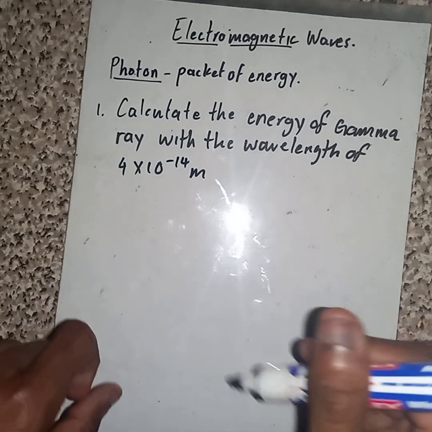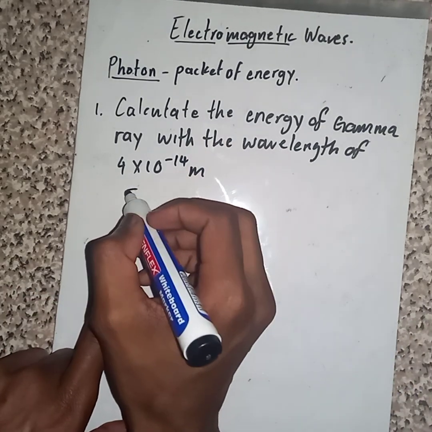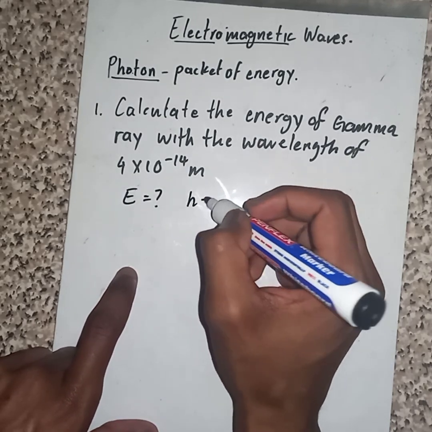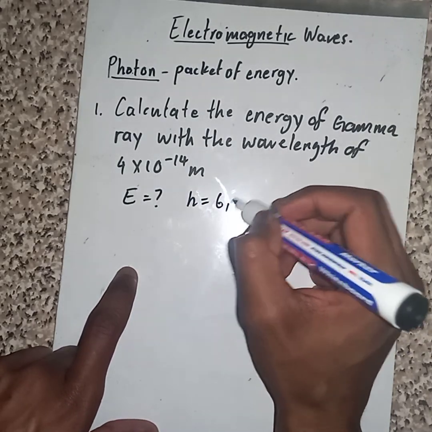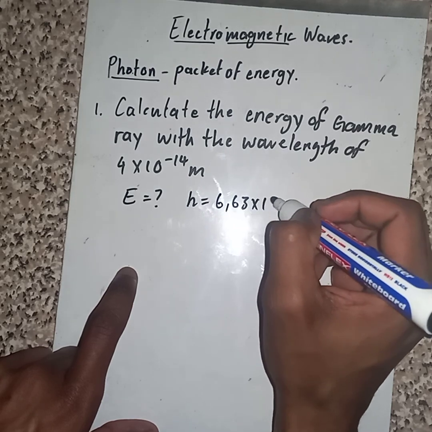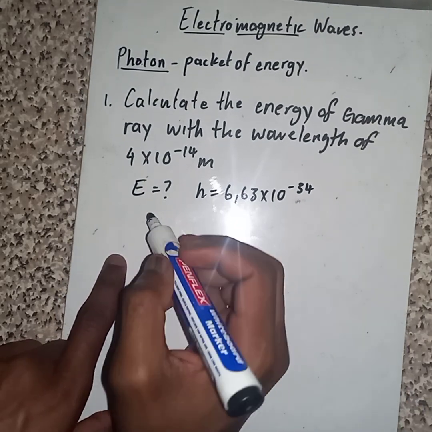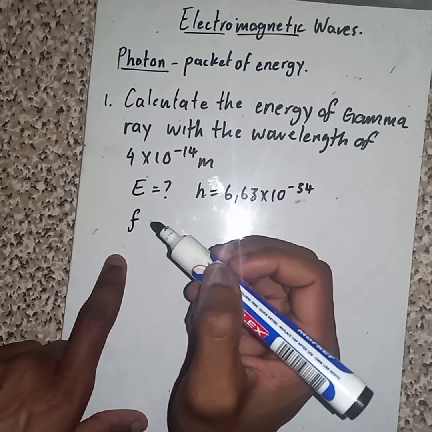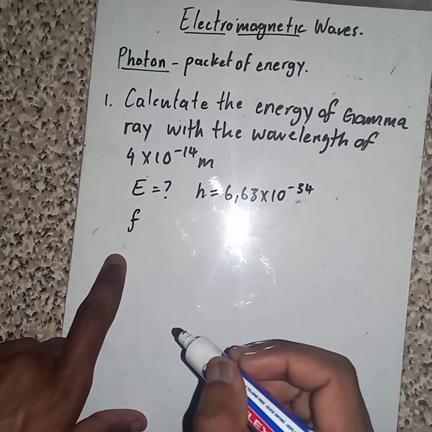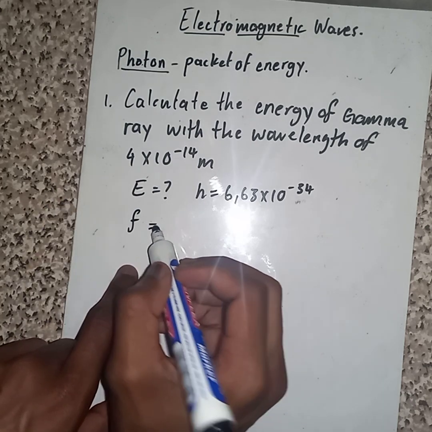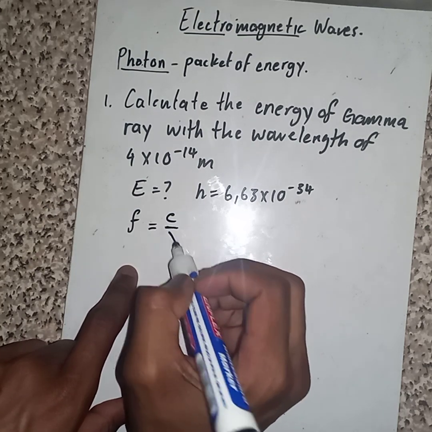Then let us take out our data. We don't have the energy. We do have h, Planck's constant, 6.63 times 10 to the power minus 34. Do we have frequency? No, we don't have frequency. But we know that frequency can be calculated using this formula.